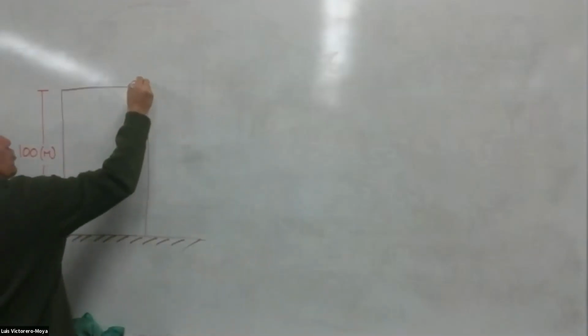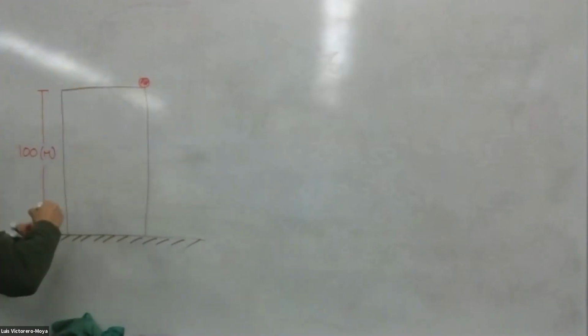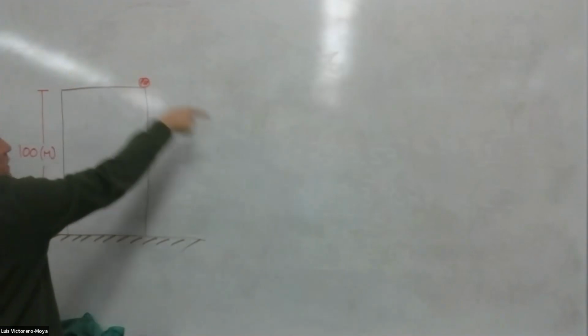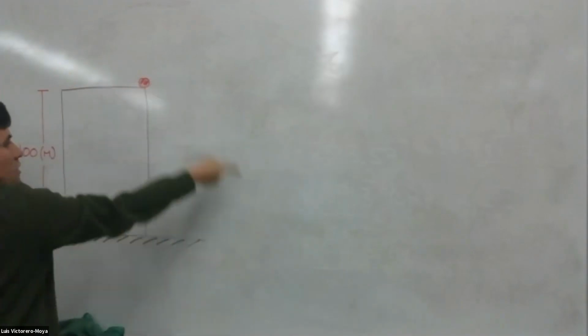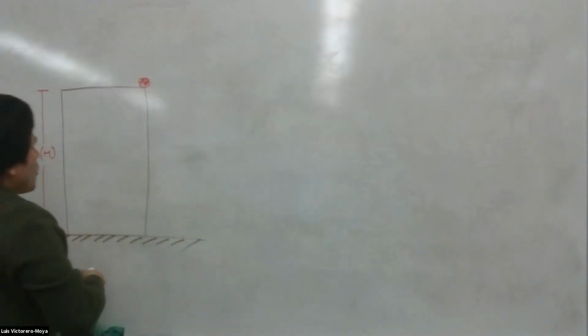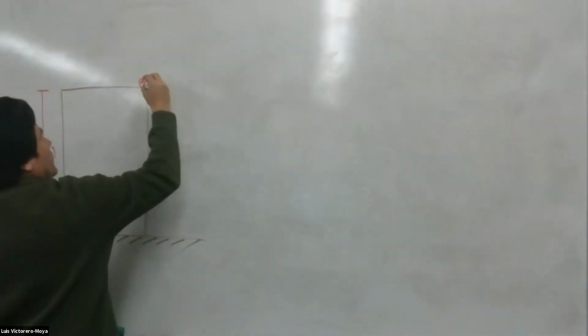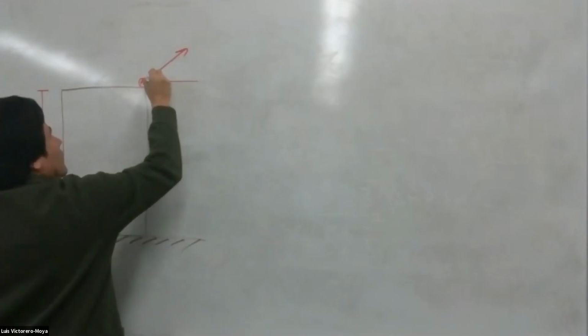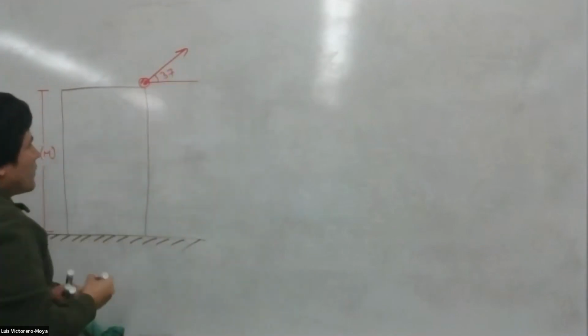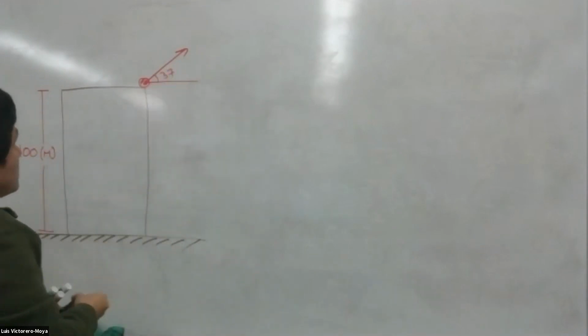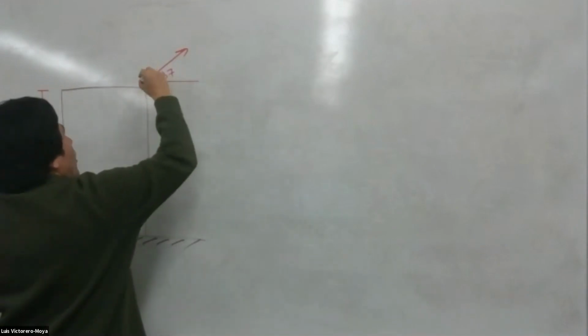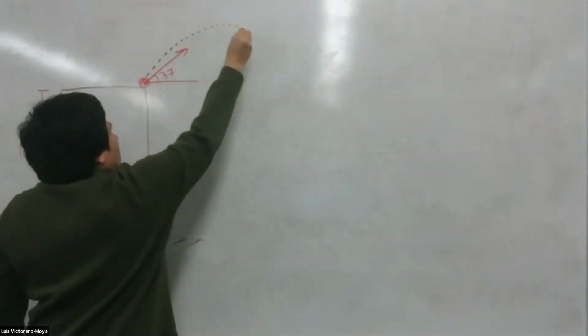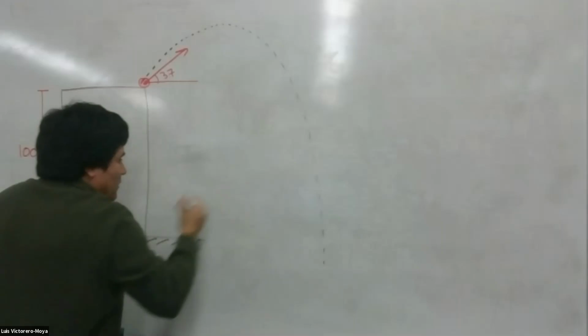And then you are going to have a projectile or a ball or whatever, but you are not just going to launch it like this. You are going to launch this ball or projectile at some given angle. I'm going to say this angle is 37 degrees. So the ball, obviously, is first going to go up and then come down like that.